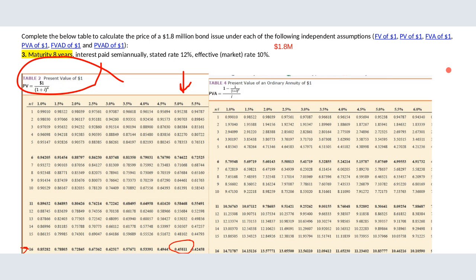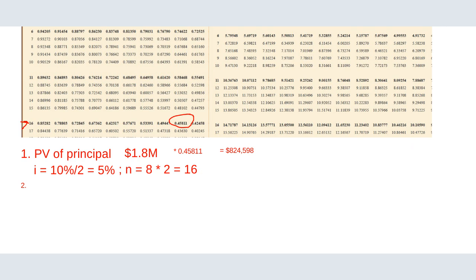That's going to be 12%, but because it's semi-annual, it will be 6%. So 1.8 million multiplied by 6% is 108,000, right? So we need to find the present value of an ordinary annuity of 108,000.